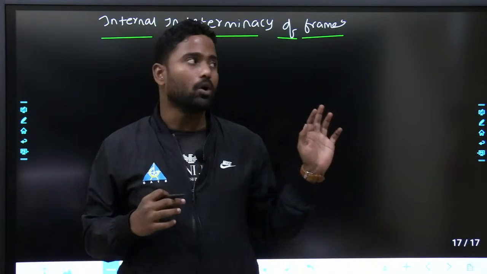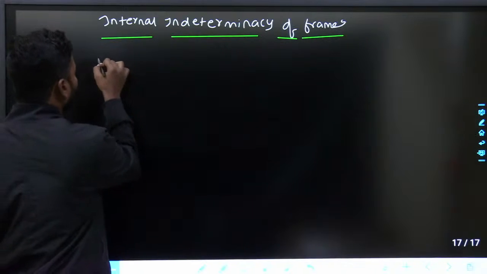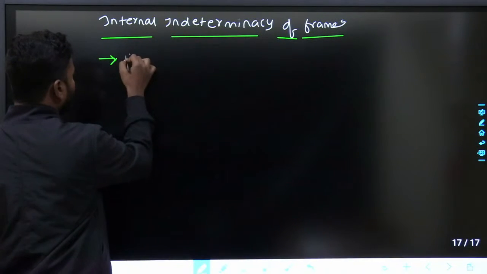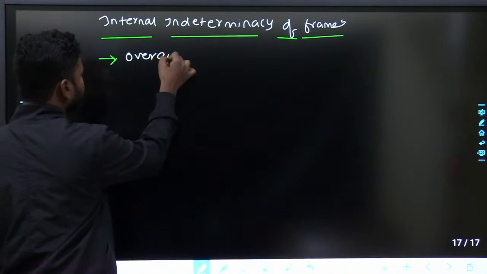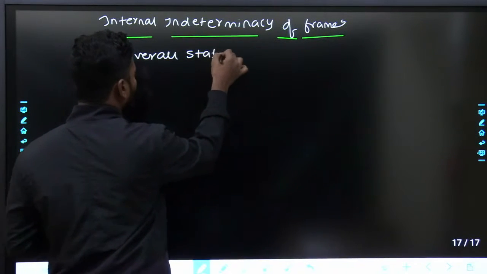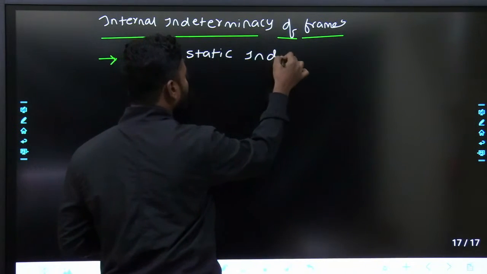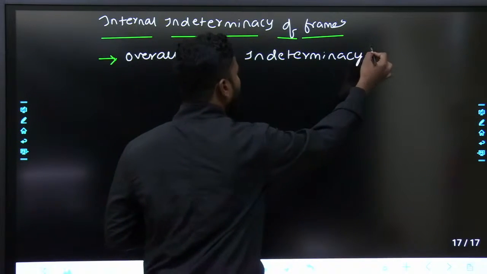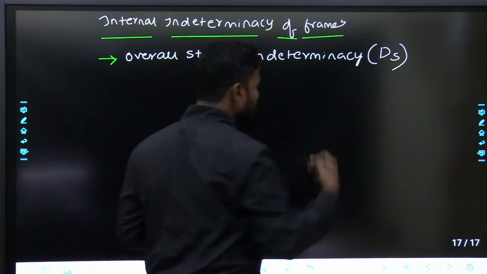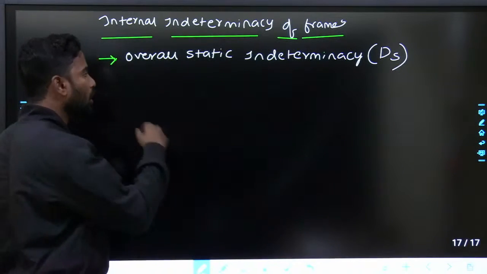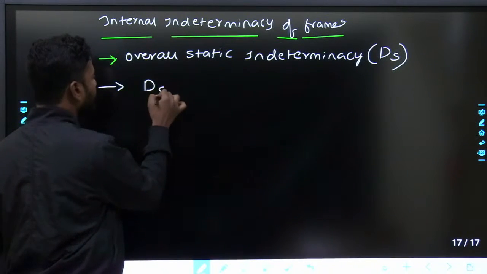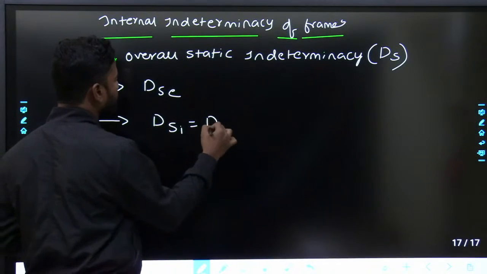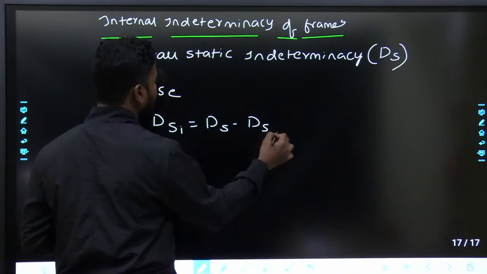Fine. So what I will do is, I will find out the overall static indeterminacy, ds. I will tell you the methods to find ds, and I have told you how to calculate the external static indeterminacy, dse. The internal static indeterminacy, dsi, would be equal to ds minus dse.